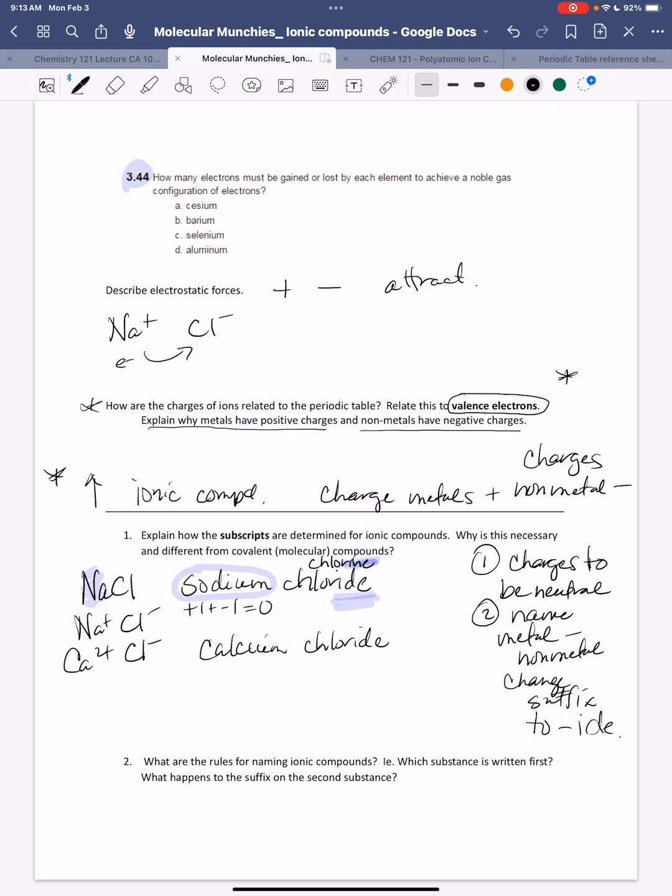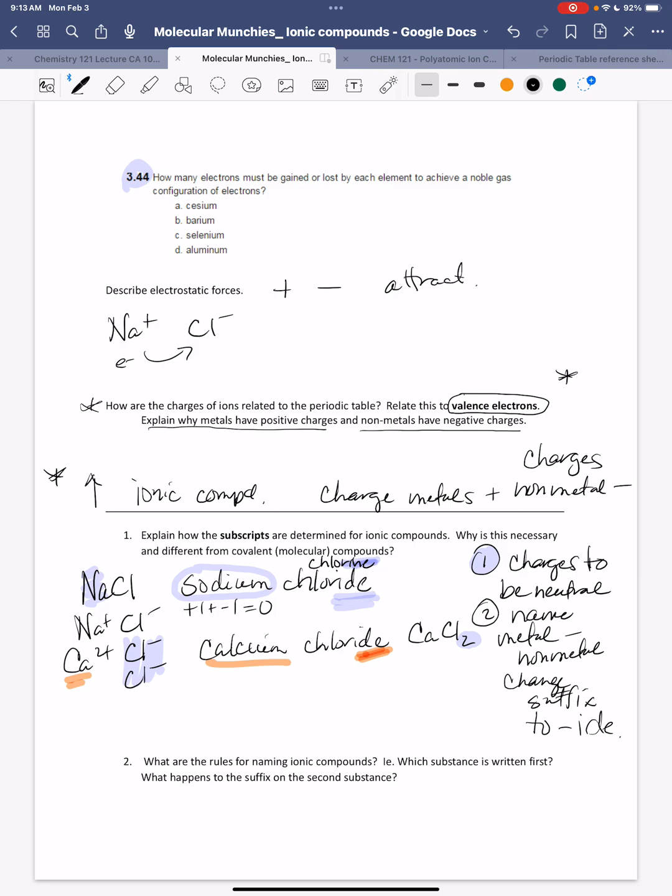And so what we have to do is make it neutral. We're making this particle neutral, which means I'm going to bring another chloride ion in. And my formula for calcium chloride is going to be CaCl2. Our subscript right there tells us how many chlorines we need in order to make this a neutral compound. We use the name of the metal and we change the "ine" in chlorine to IDE.